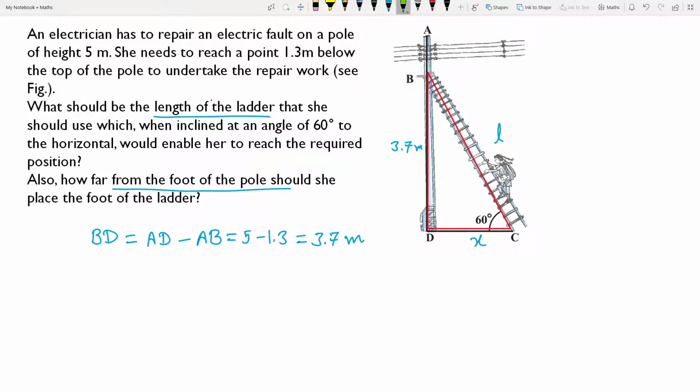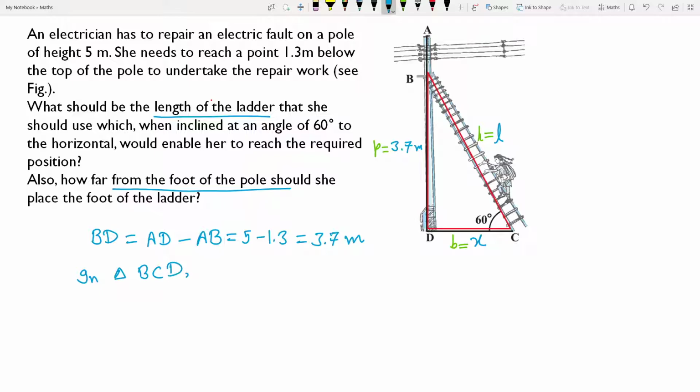When we think in terms of terminology, this height BD is going to be perpendicular, this is base, and this is hypotenuse. Accordingly, to find L, we will think in terms of perpendicular, which is known, and hypotenuse, what we need to find.